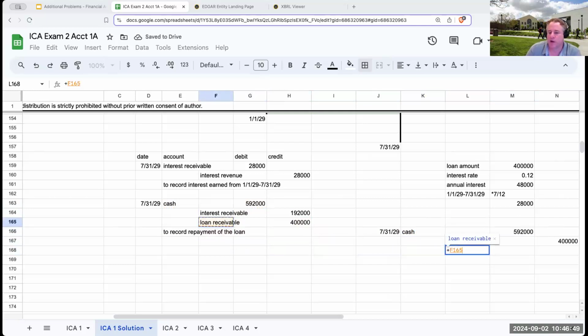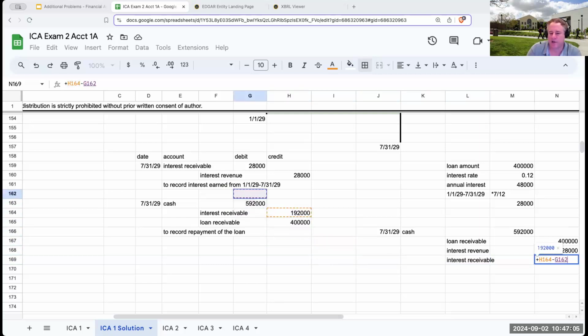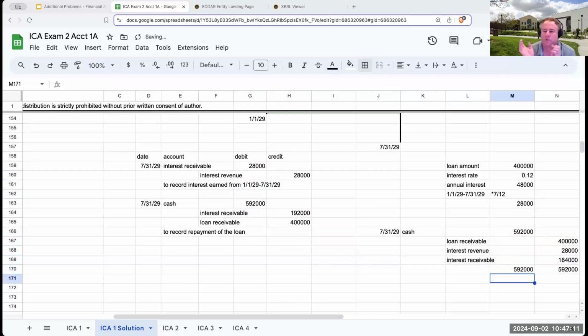The interest revenue is also going to be at 28,000. However, the interest receivable, because I'm combining these entries, is going to be 192 less the amount I initially accrued over here, or 164. And whenever I do this, I want to make sure that my total debits equal my total credits.